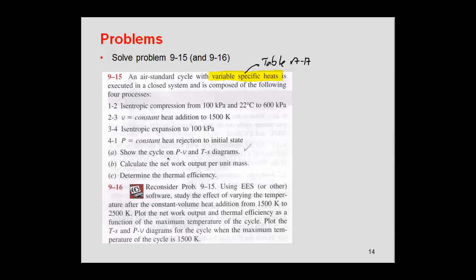We're asked to find the PV and TS diagrams, compute the net work output per unit mass, and of course our efficiency. We are also asked to write the EES program. I will let this for you to do, and later on I will send you the solution to this program. Okay, so let's start.